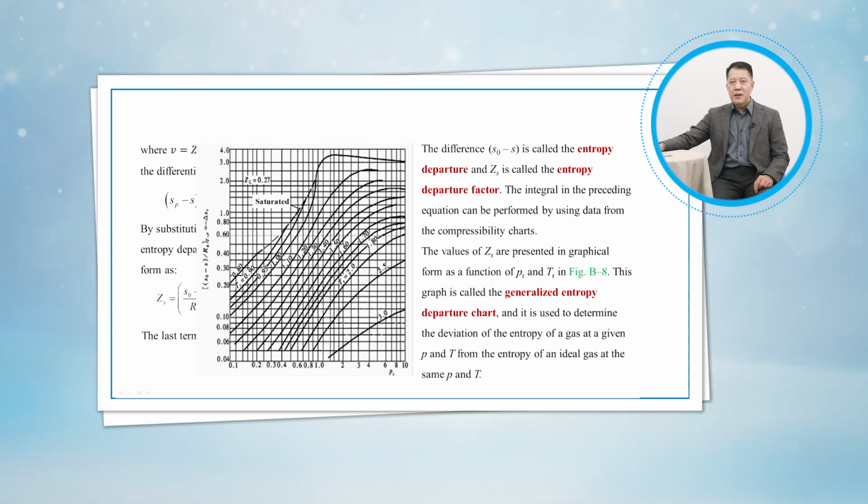The values of Z_s are presented in graphical form as a function of P_R and T_R in figure B-8.